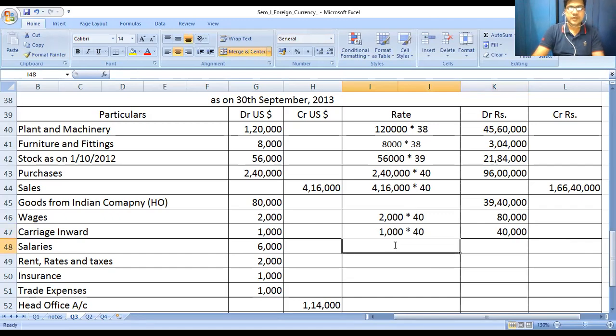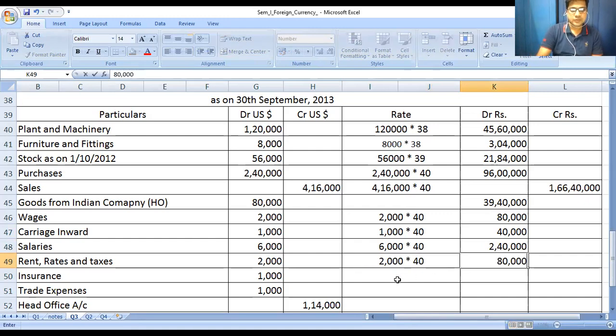Again a revenue item. 6,000 into 40, average rate, 2,40,000. Next, rent rates and taxes, again average rate, 2,000 into 40, it means 80,000. Next, insurance, again same average rate, 40,000.